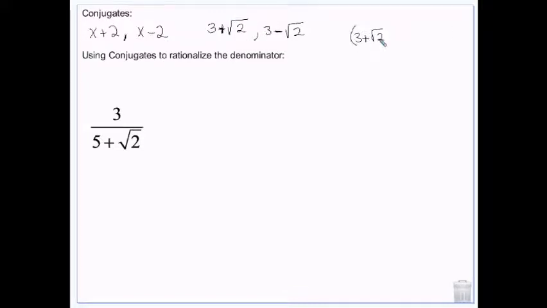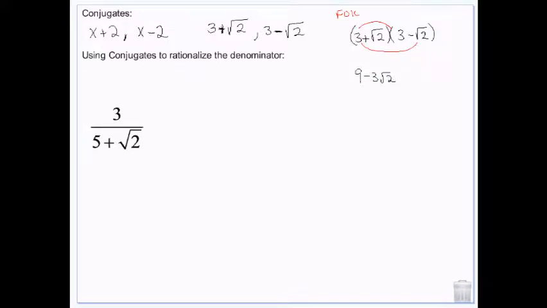And I multiply conjugates together. Watch what happens. I do my first, and I get 9. I do my outside, right, FOIL. Do you remember FOIL? And I get minus 3 times the square root of 2.